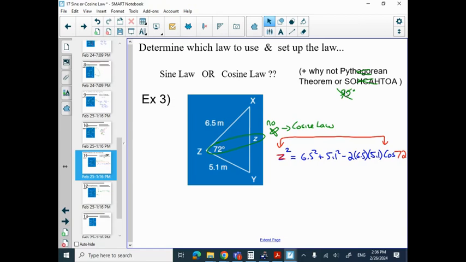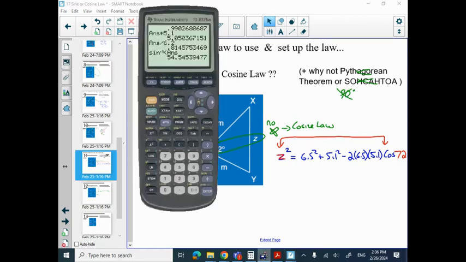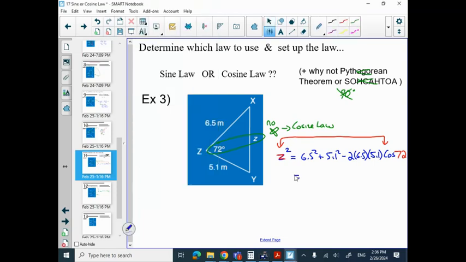So we calculate some numbers. We need to do the 6.5 squared. Is this one still awake? Falls asleep on me, then I have to use the mouse to wake it up. So 6.5 squared plus the 5.1 squared gives me 68.26. That's from all of that stuff. So I'll put it sort of in the middle here.